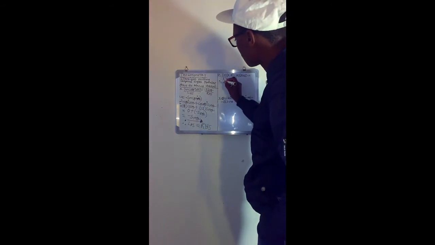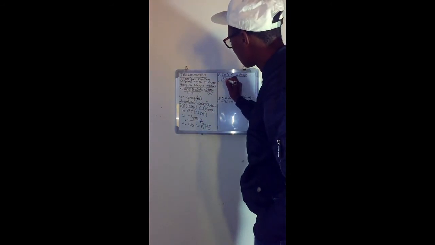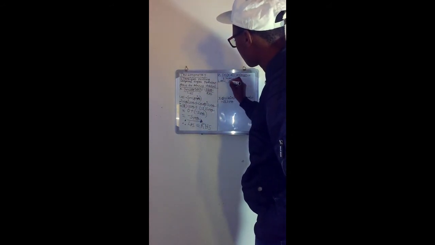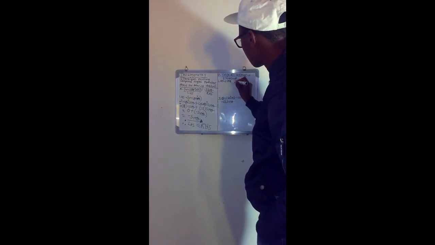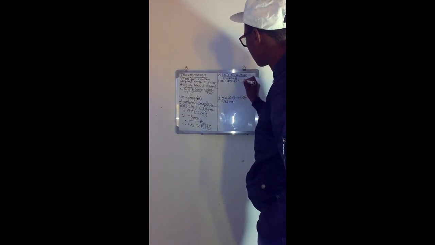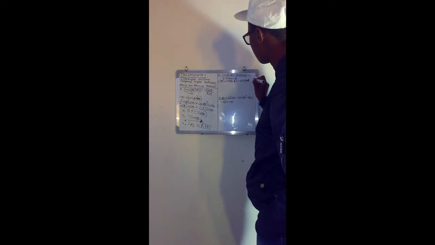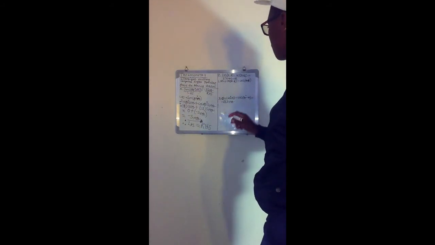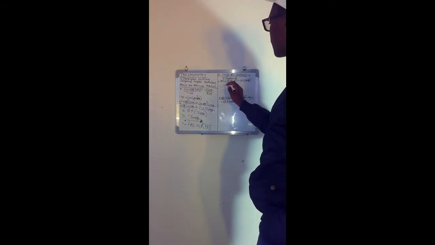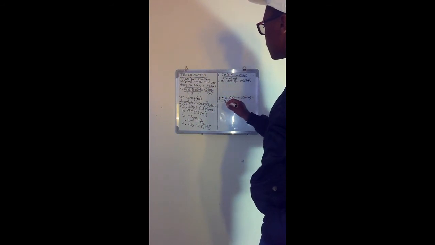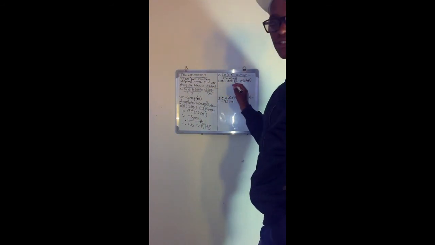So I'm going to write it. Our left hand side is equal to cos of A minus B, and then minus cos of A plus B. I'm going to solve this side so that I can get 2 sin A sin B. If I get 2 sin A sin B at the end, it means I've proven this identity.